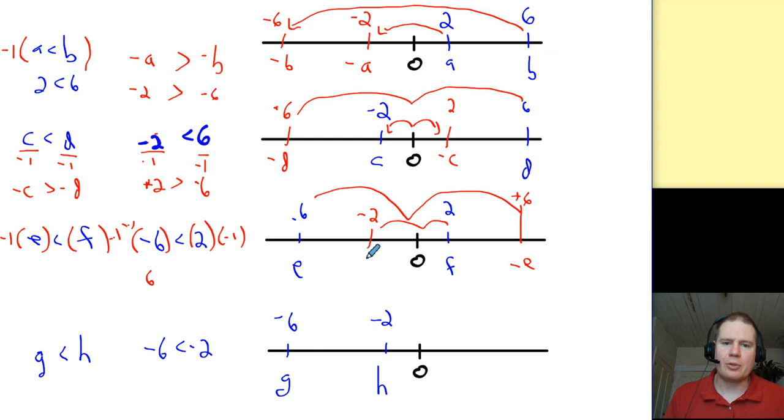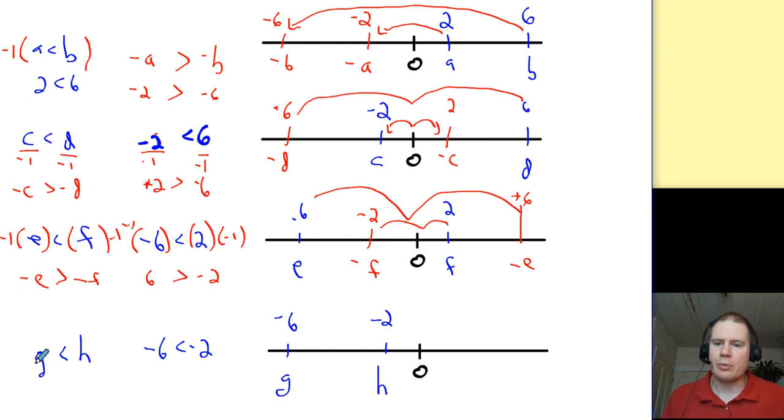So the opposite of F is negative F. This negative F is now less than the negative E. The negative 2 is now less than the 6. I was saying E was less than F, but now the opposite of E is more than the opposite of F. The opposite of E is greater than the opposite of F, right?